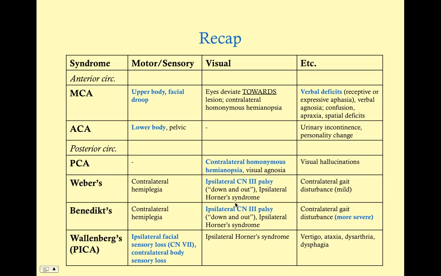Weber's and Benedict's syndrome, you get the ipsilateral oculomotor palsy. Benedict's is just a little bit more severe as far as the gait disturbance. And Wallenberg syndrome, you've got the ipsilateral facial sensory loss and the contralateral body sensory loss. You can also get dysarthria and vertigo. And that is it.